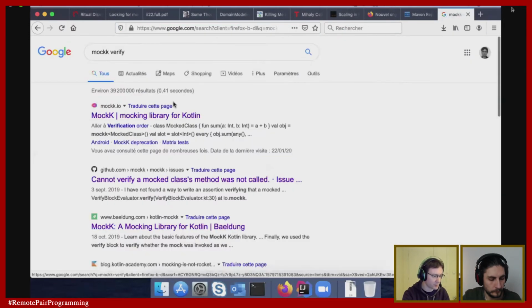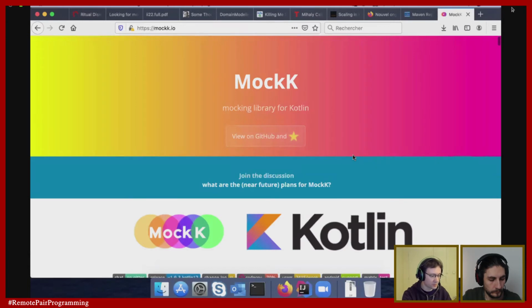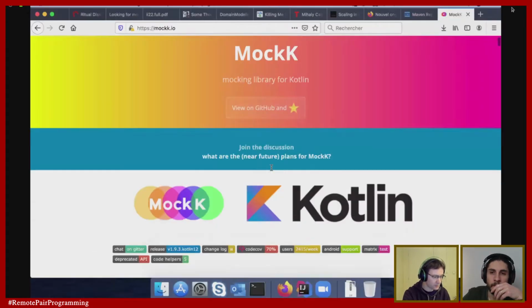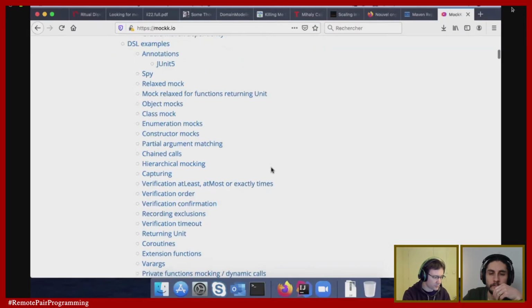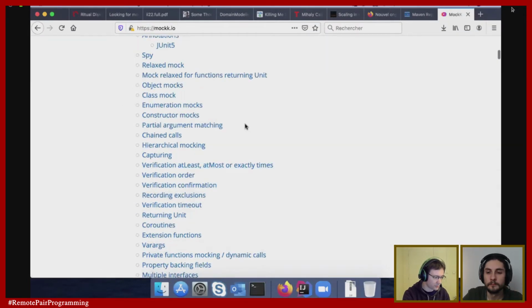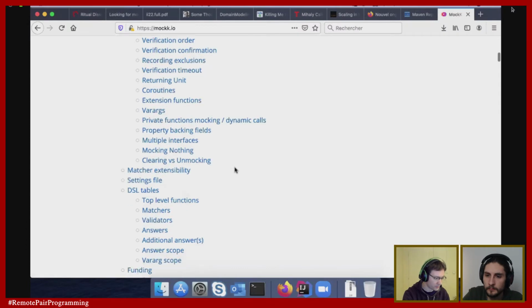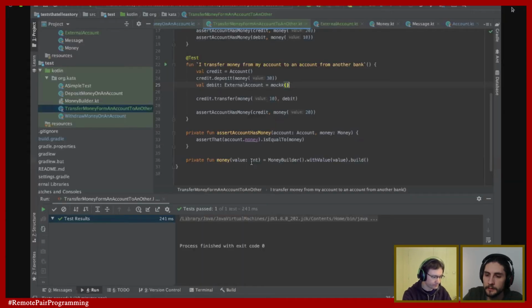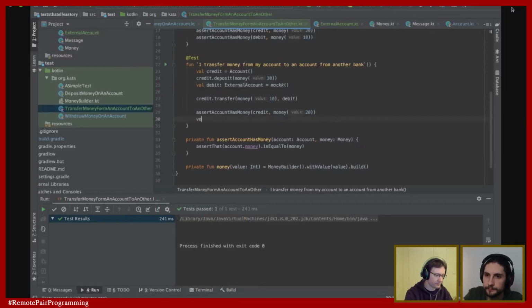We want to make sure that we called external account deposit. So I have to look at the documentation because I don't remember how we do this. Verify. Okay. Yeah, so it's like Mockito, it's the same thing. Yes.